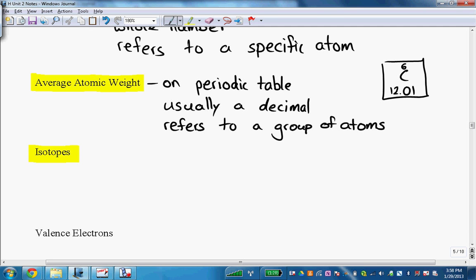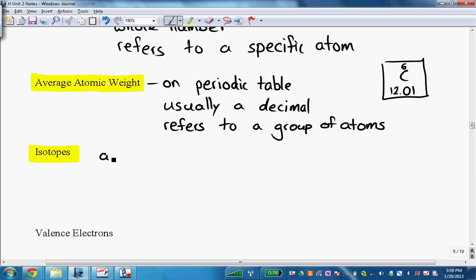Like a carbon that weighs 13 or a carbon that weighs 14. Now how can that happen? If you add a proton to it, it won't be carbon anymore because it won't have an atomic number of 6. It would be nitrogen or oxygen. If you add electrons to it, that's not going to do anything because electrons don't weigh anything. It's not going to change the weight. So the only way that you can keep it as carbon and still change the mass of it is to add a neutron.